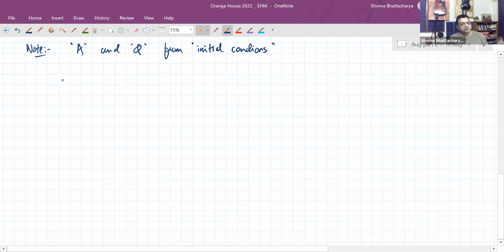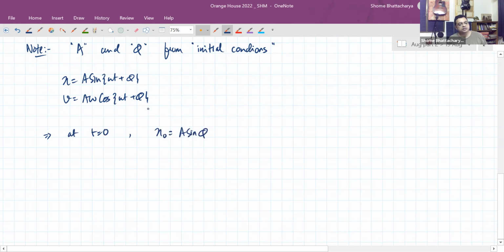Let's understand. x is equal to A sin(omega t plus phi), and v is equal to A omega cos(omega t plus phi). So this means that at time t equal to 0, the value of x is going to be A sin phi. Just substitute t equal to 0 in the first equation, and the value of velocity, let's say v naught, is going to be A omega cos phi. Substitute t equal to 0 in this.